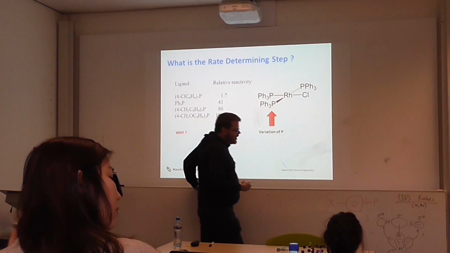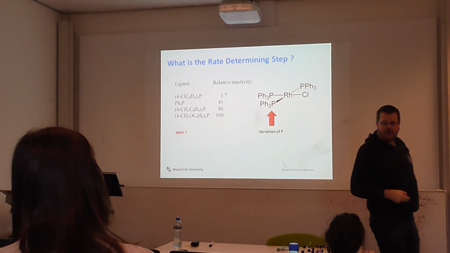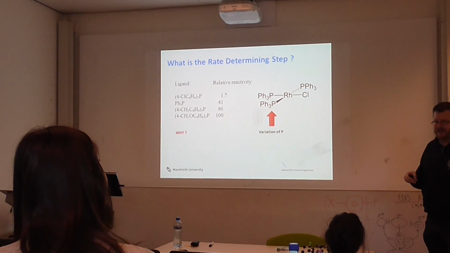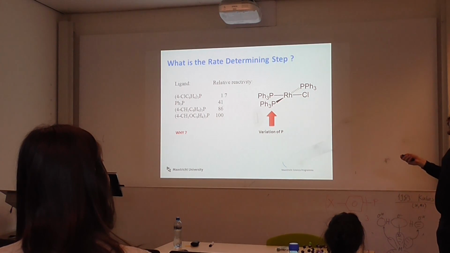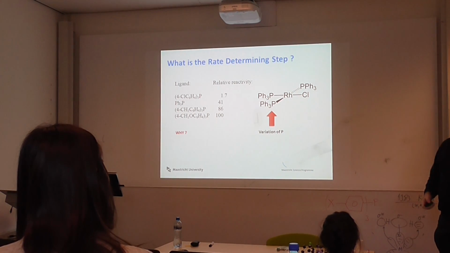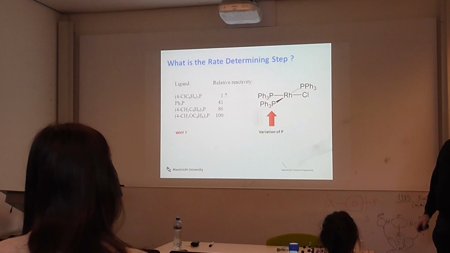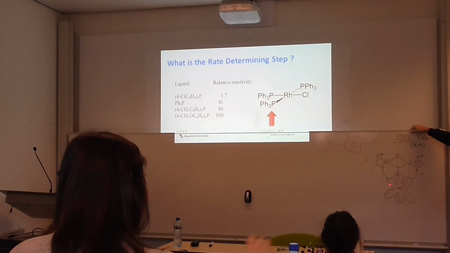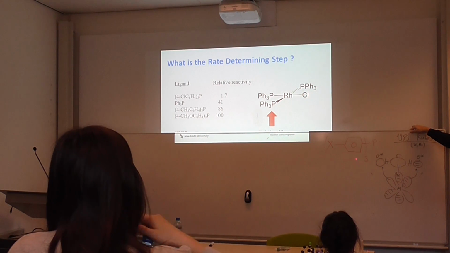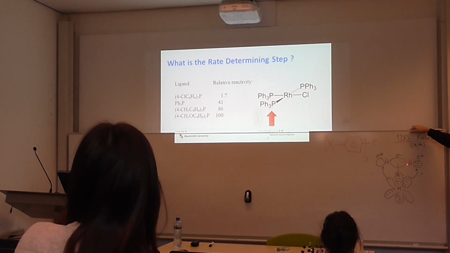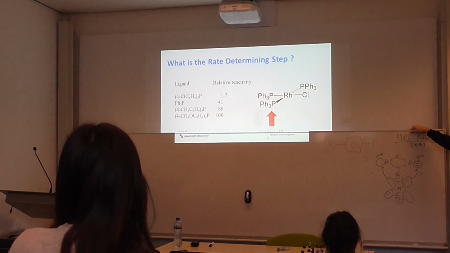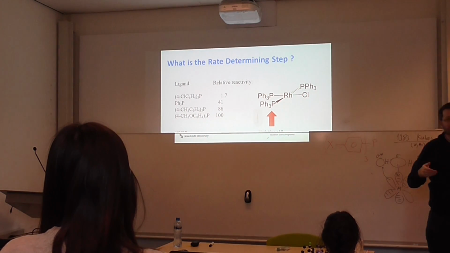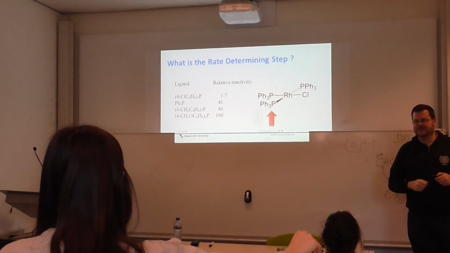Because as we increase the electron donor strength of the phosphine to the metal, we increase the electron richness at the rhodium center, and that results in an increased back donation to the sigma star orbital in the H2, which leads to a faster rate of H2 activation or oxidative addition, which is the rate determining step in this reaction.